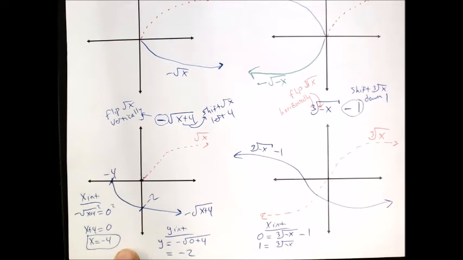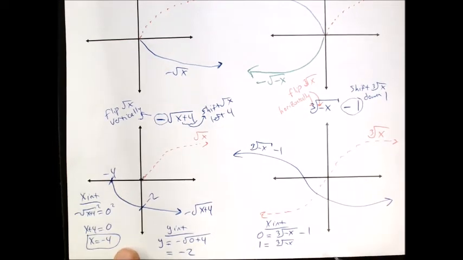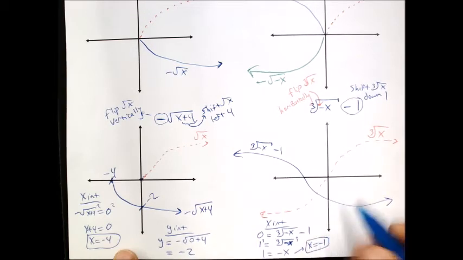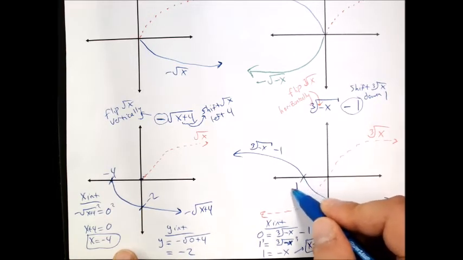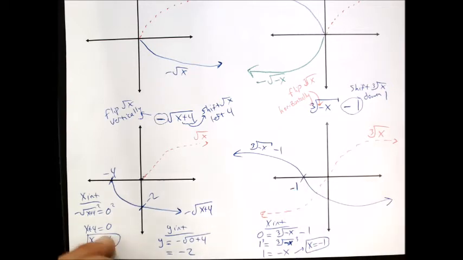We want to get rid of the cube root, and so we cube everything on both sides, and then we get 1 equals minus x. And so that means that x equals minus 1. So that's good because it's a negative number and it looked like it should be negative. And so it fits our picture very well.